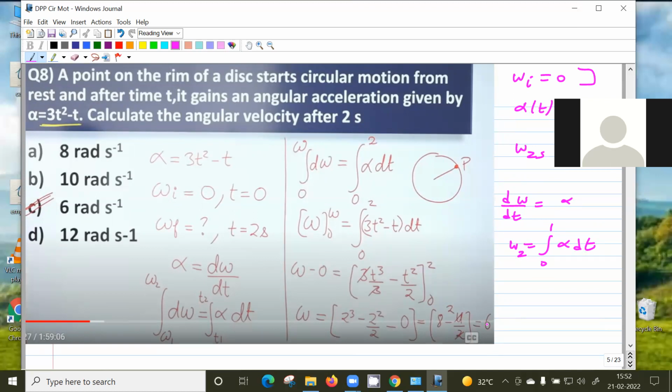Right? Yes, sir. Got the answer? Yes, sir. Option? Option C. Tell the option number, because in the exam you mark the option, no? So get used to telling the option.